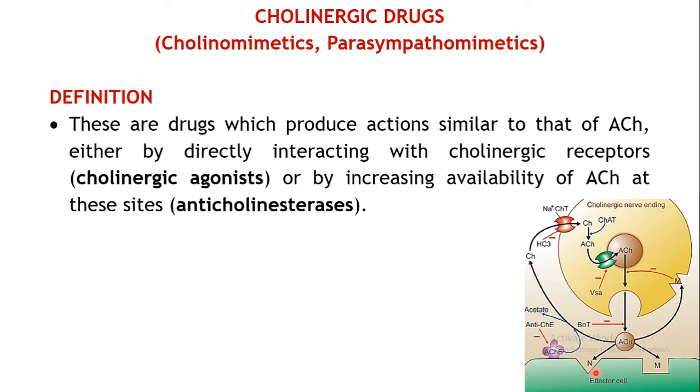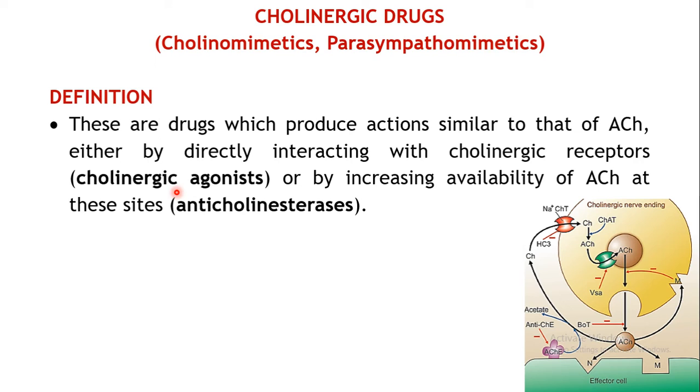They will produce the action similar to that of ACH if they are able to bind and stimulate this receptor. Such types of drugs are known as cholinergic agonists. So they are acting as agonists at these cholinergic receptors. They can bind and also induce the conformational changes and stimulate this receptor. So this is the first type of cholinergic drugs.